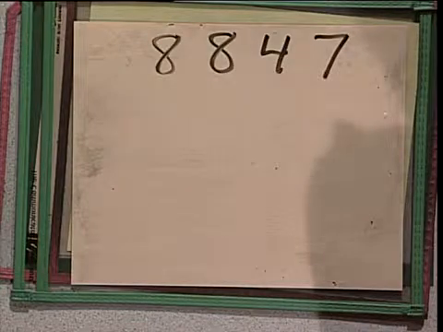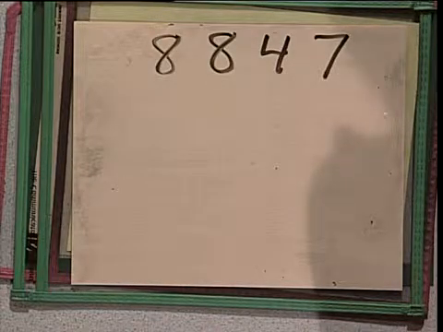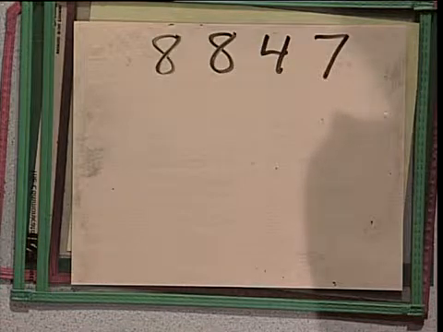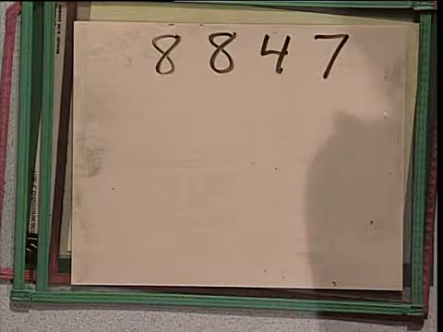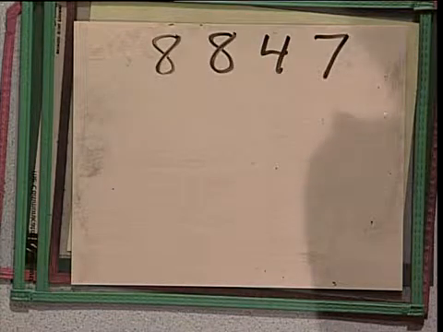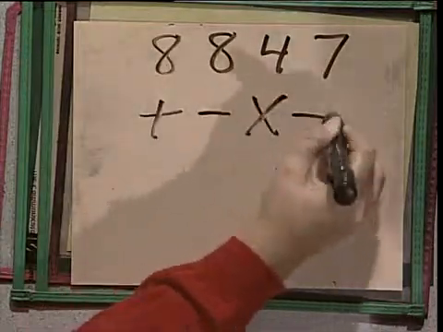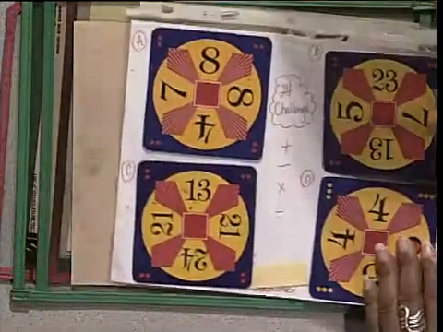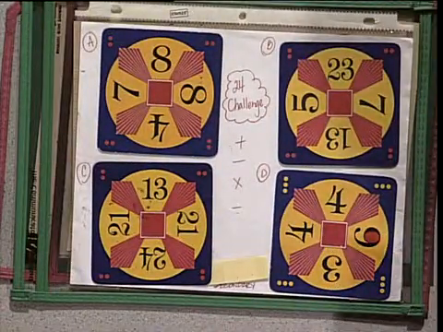No, it's okay. Tell me the numbers again, please. Okay, so your numbers are 8, 8, 4, 7. So make sure you take those 4 numbers. You can add them, subtract them, multiply them, or divide them, or any of the combinations, okay? Okay. All right. Work on that, see what you can do.